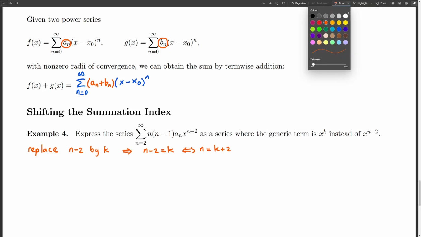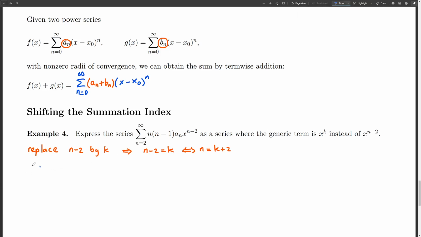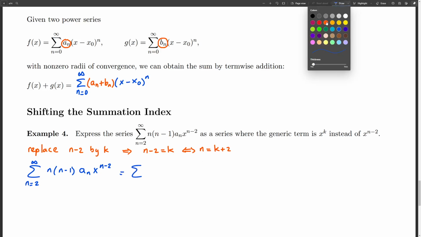So let's start out with our series. We have our series n equals 2 to infinity of n times n minus 1 times a sub n times x to the power n minus 2. Now I'm going to replace n by k plus 2.